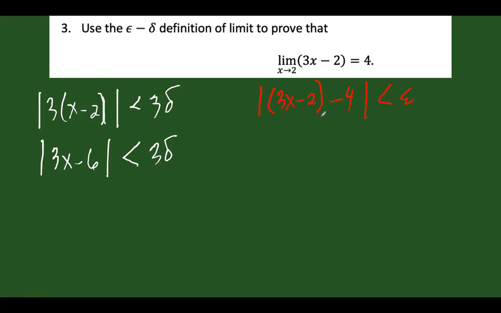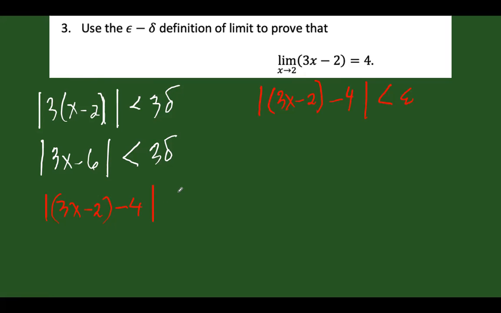This is our main goal, to express this inequality into this for us to show that it really exists and it is really true. So we have 3x minus 2 minus 4, right? Because negative 2 minus 4 is equal to negative 6. So they're just equal. We just played with the given terms here inside the absolute value.